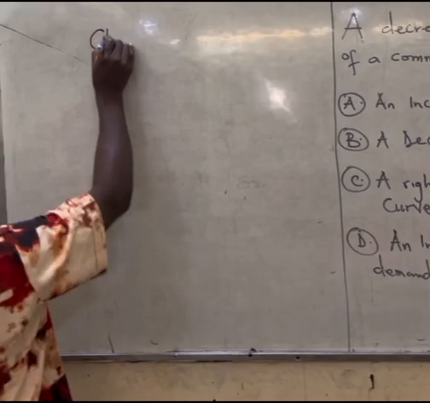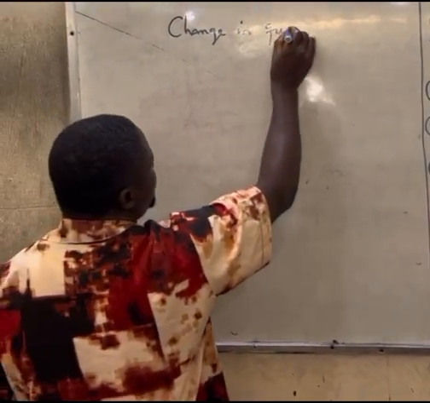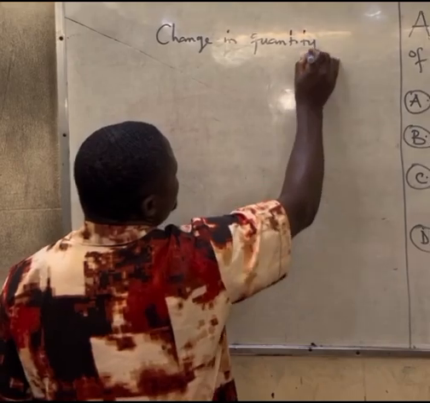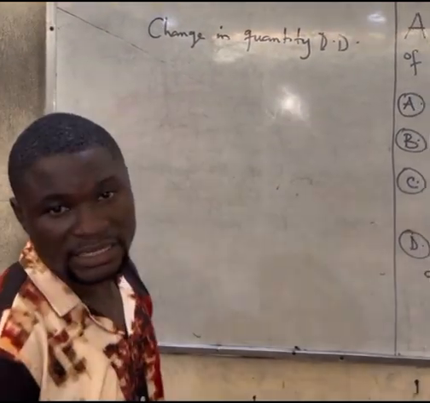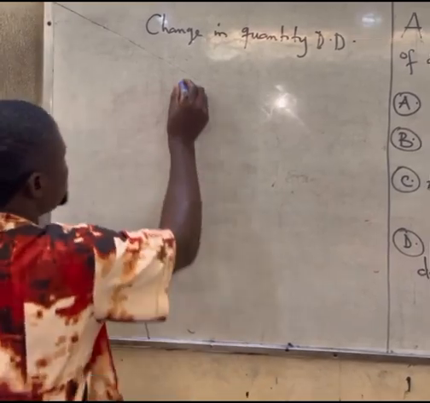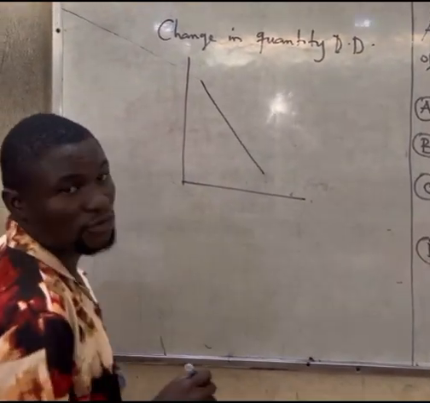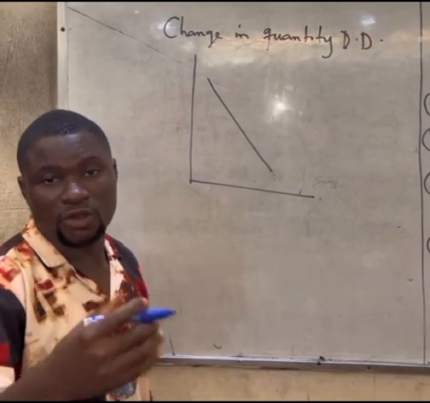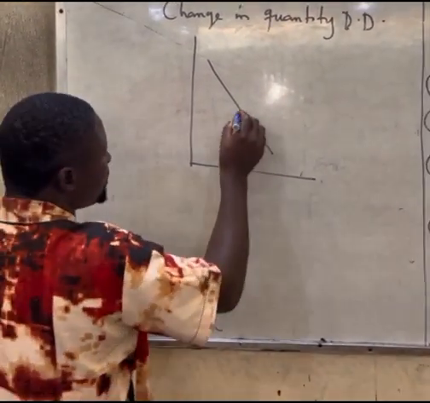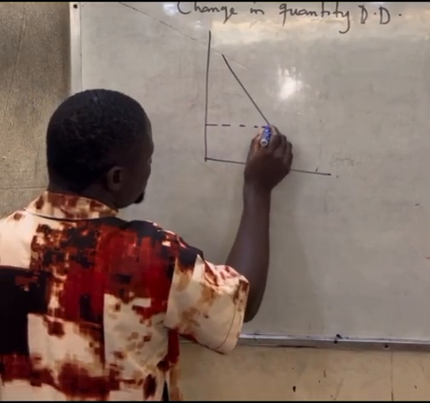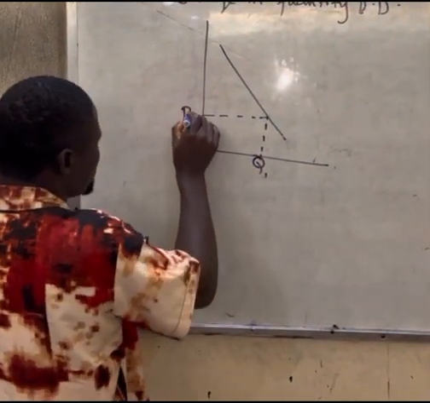Change in quantity demanded is a movement along the same demand curve caused by changing the price of the commodity itself. So let's say this is Q1 and P1.